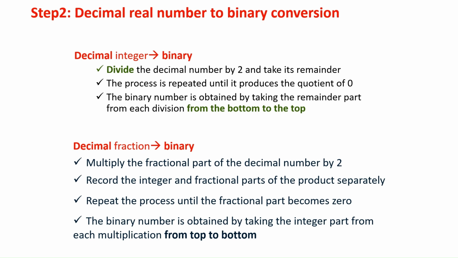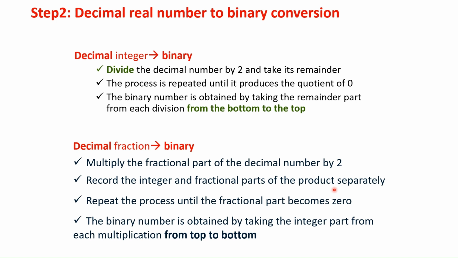So let's see. Now decimal numbers have two parts. One is the integer part, another is the fraction part. So it can be a decimal real number: integer, then the radix point, the decimal point, then the fraction part. Now the rule is different for converting the integer part from the fraction part.